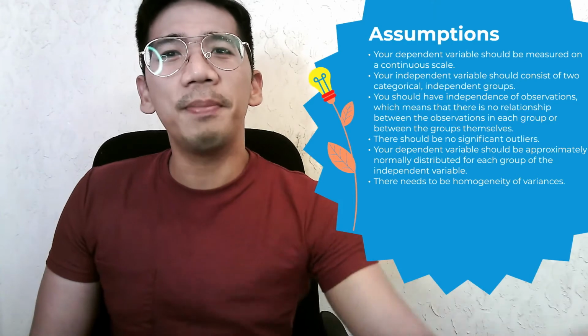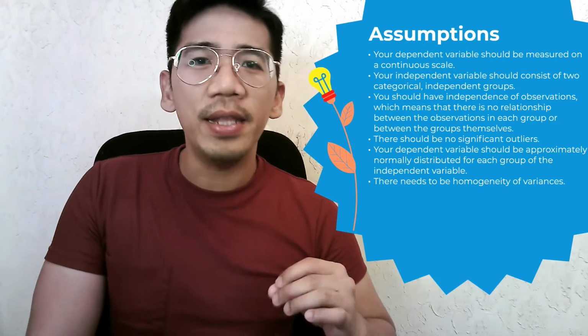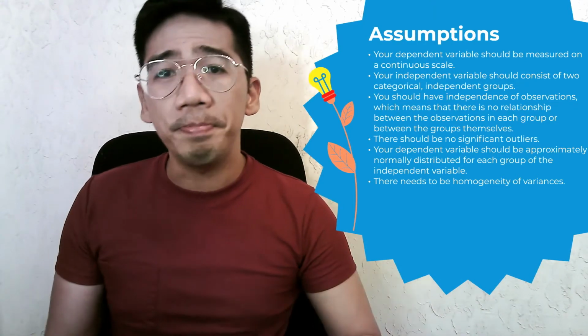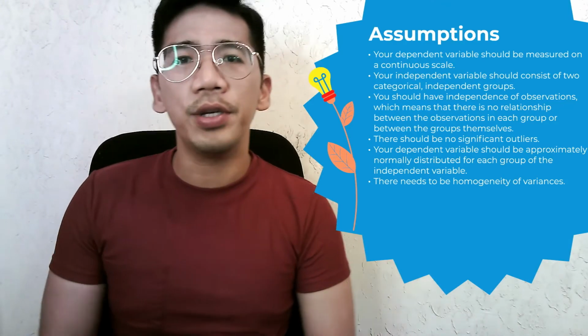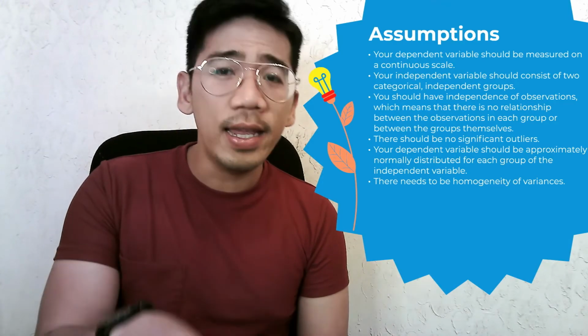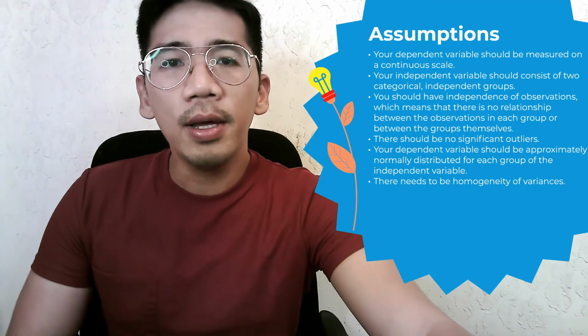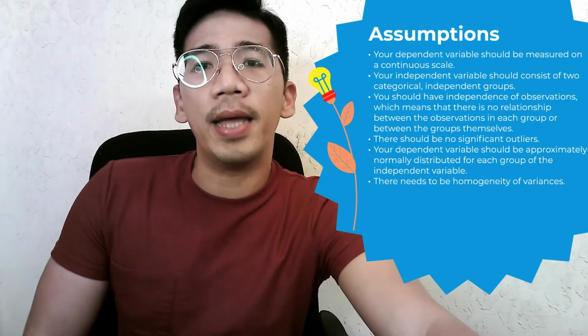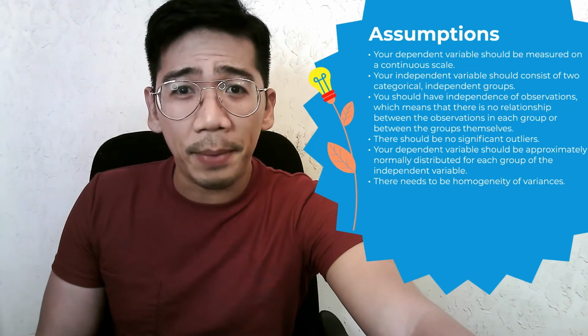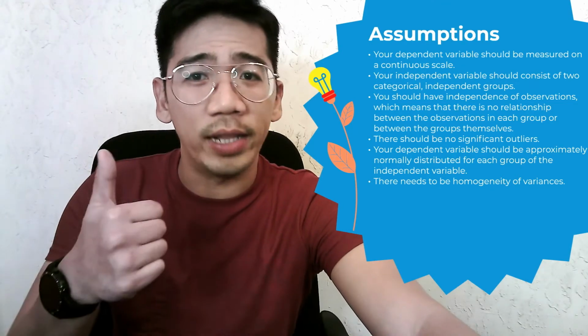So assumption number 3 is that you should have independence of observations, which means that there is no relationship between the observations in each group or between the groups themselves. For example, there must be different participants in each group with no participant being in more than one group.